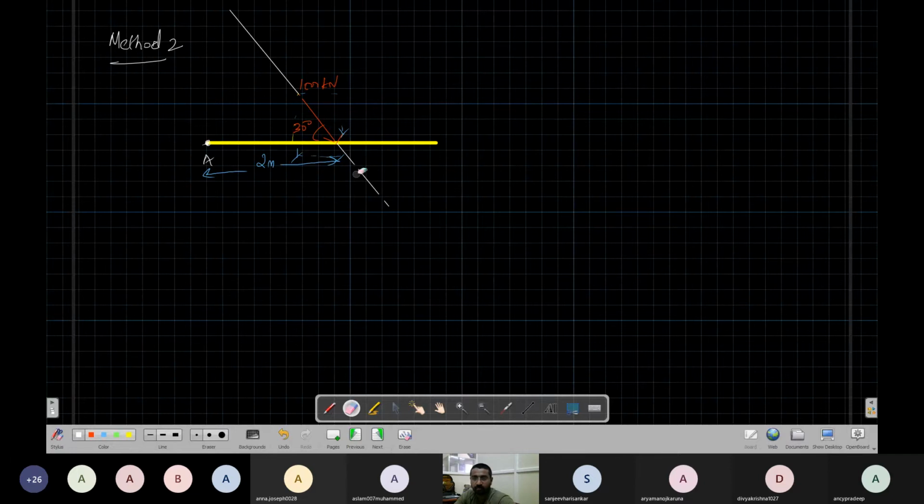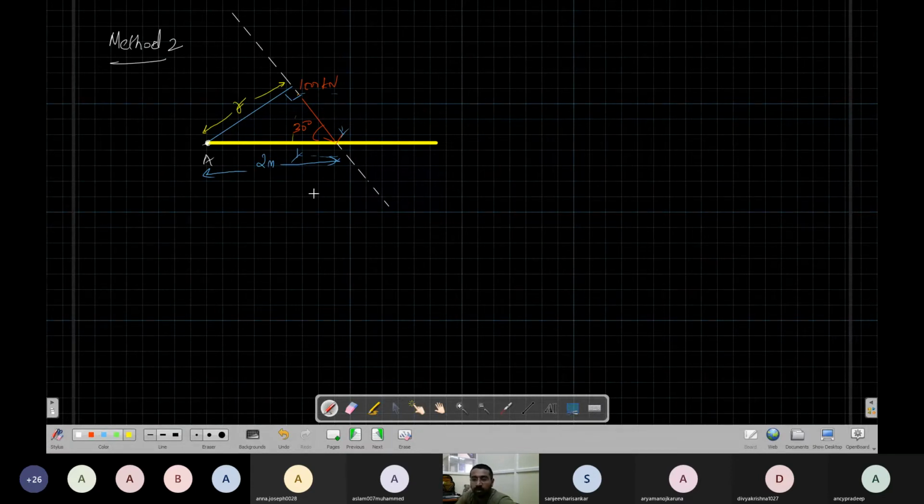I'll make it dotted. So this force can be put anywhere along here. Then I'll drop a perpendicular from the point to the force. This distance I can measure. By transmissibility, I can put the force here. So force into perpendicular distance is this. Is there any way I can find this perpendicular distance?